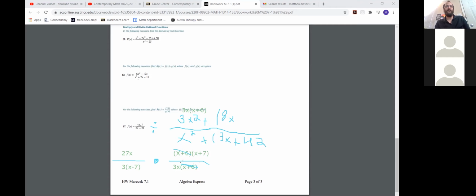What else can I slash? Take an x, right? We can go sideways too, as long as it's on top and on bottom. I think I can divide this by 3. This by 3 becomes 9. And then I can do it again with this one.